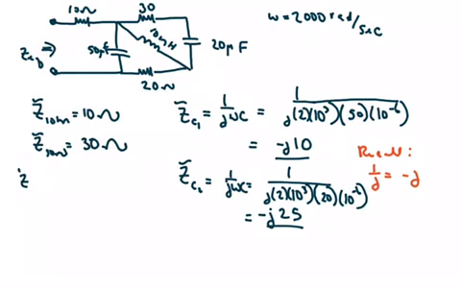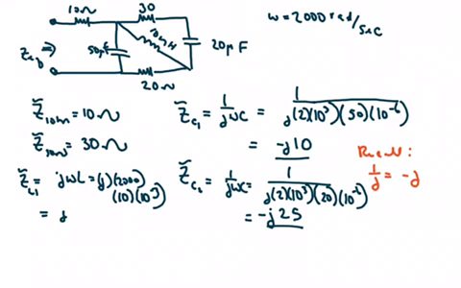For our inductors, it's going to be J omega L, so J 2000 times 10, which is going to be J20.